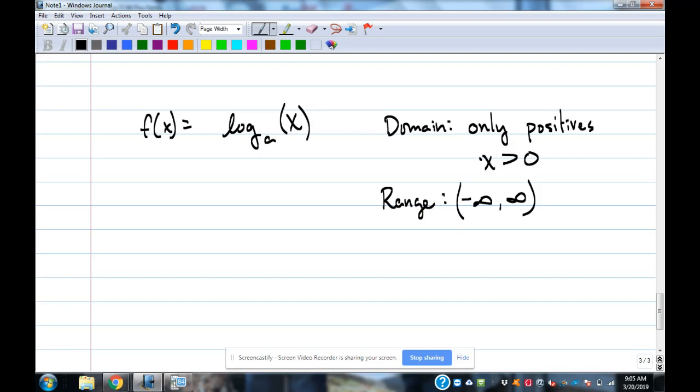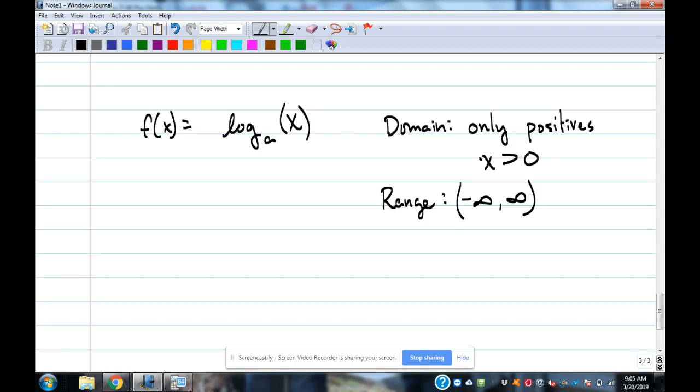Here's the thing. Exponentials, when we did those, the domain of every exponential was what? All real numbers, negative infinity to positive infinity. So on those two on the quiz, I hope that's what you put for domain. Negative infinity to positive infinity, okay? The range was dependent upon where that horizontal asymptote was, right? And then it went up or down depending on what the signs were in there.